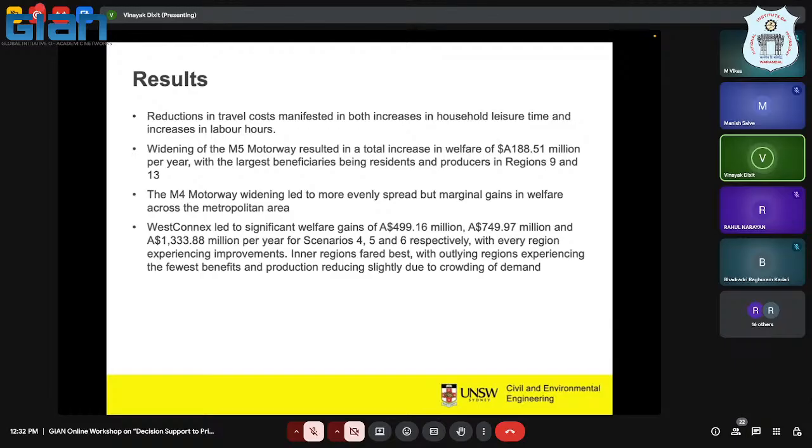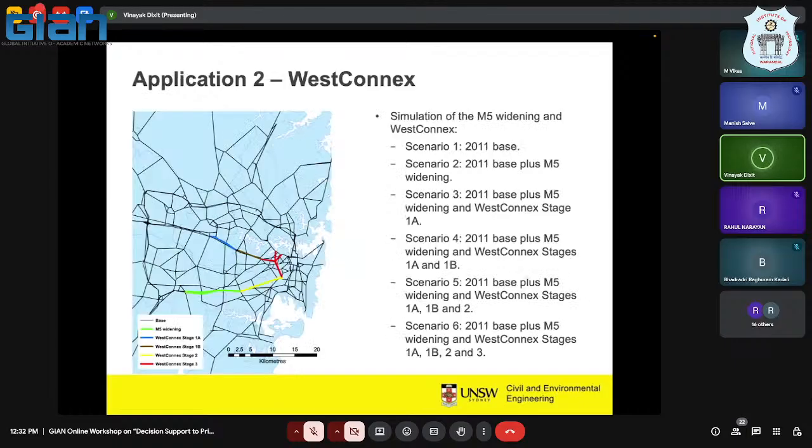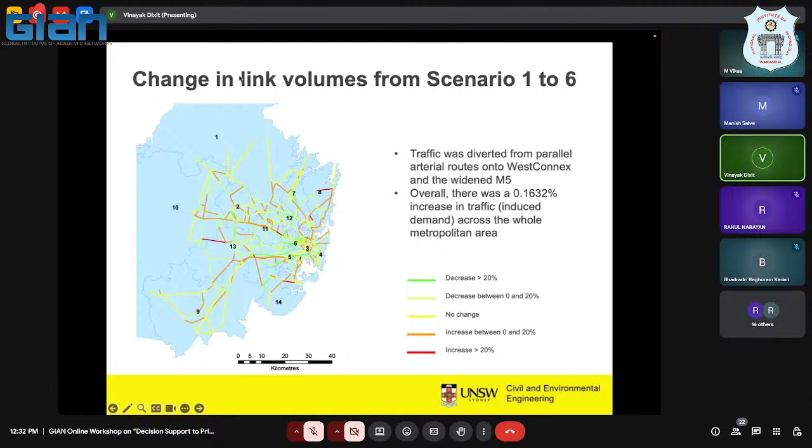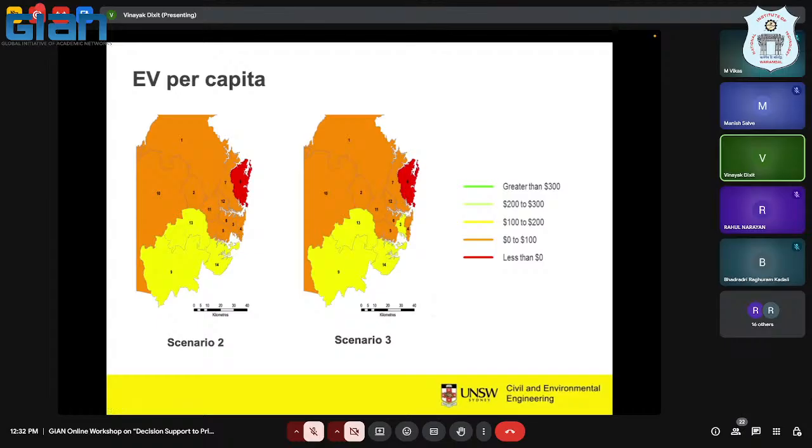The largest beneficiary being residents and producers. You can actually look at impacts by different regions as well. These are the different regions, and you can see the impacts in terms of EV, equivalent variation, which is basically telling you how much income certain regions have improved.